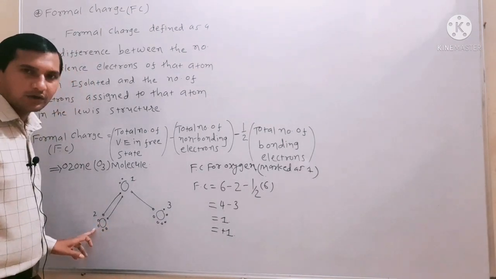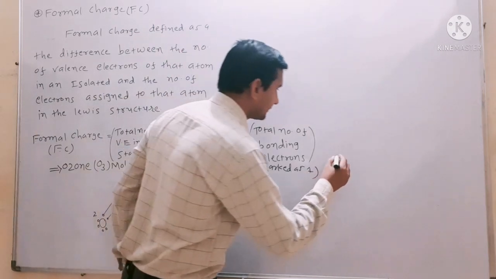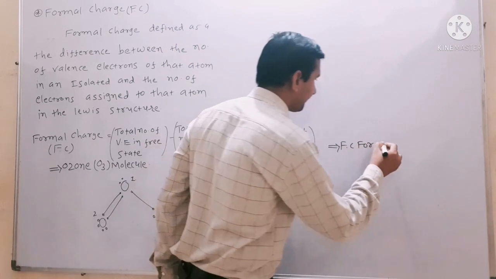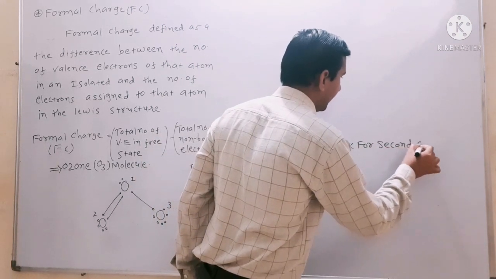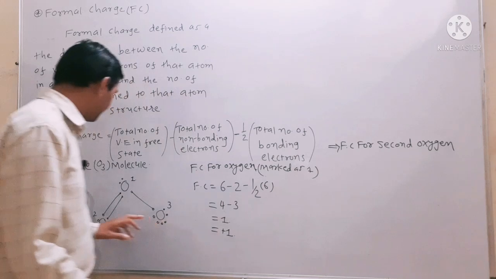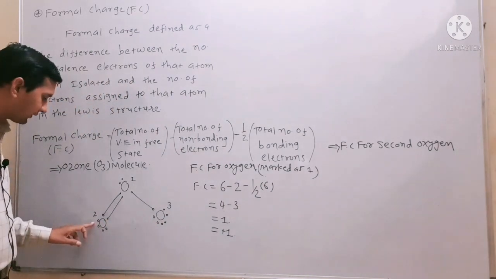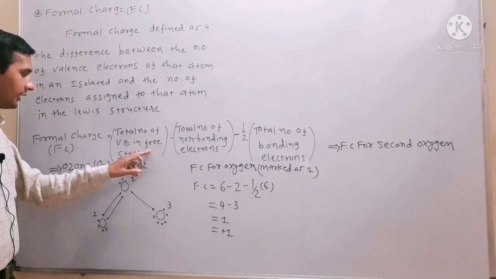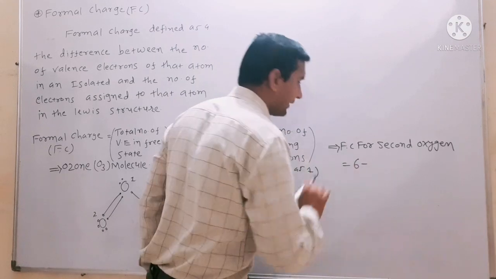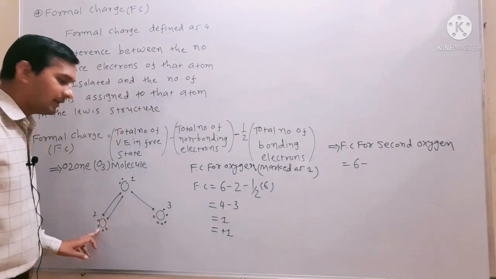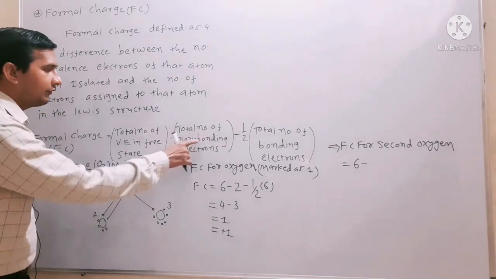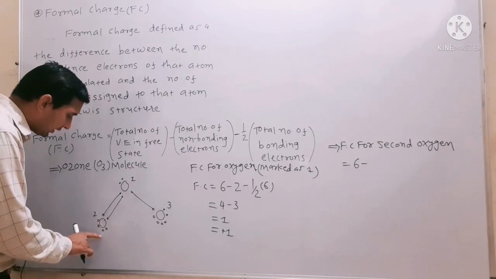Now calculate for the second oxygen. Formal charge for the second oxygen atom, this one. Here, oxygen, total number of valence electrons in free state: 6, because this is oxygen, so there are 6 valence electrons in the outermost shell. 6 minus total number of non-bonding electrons. Here 1, 2, 3 and 4.